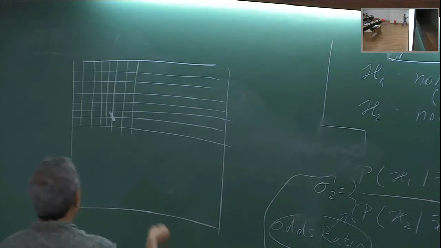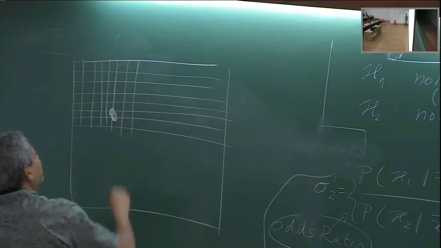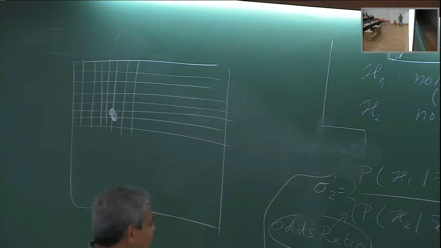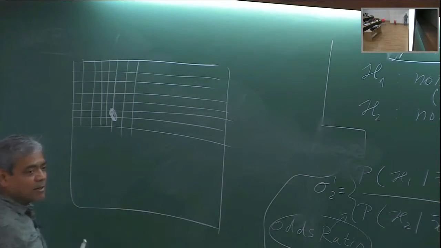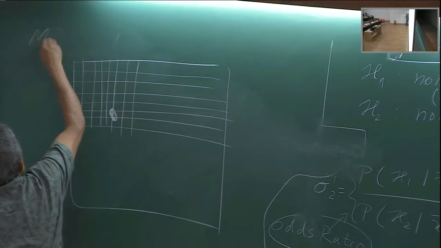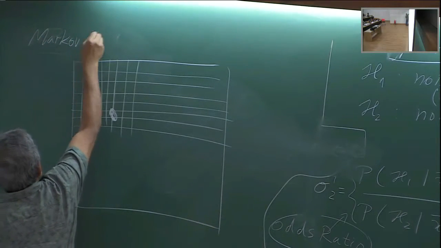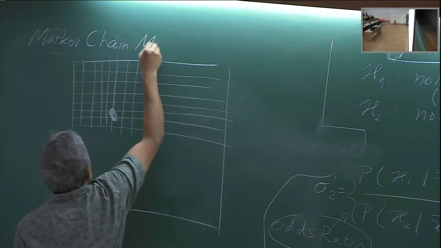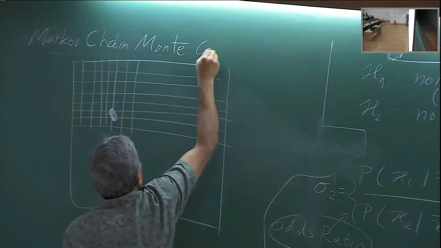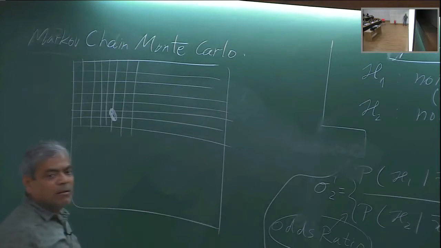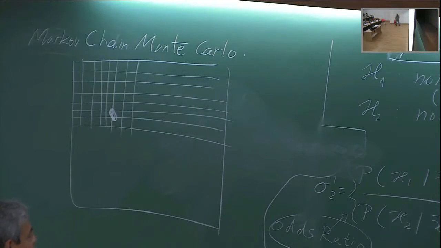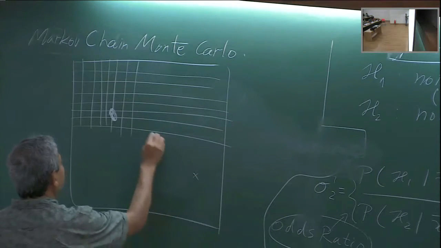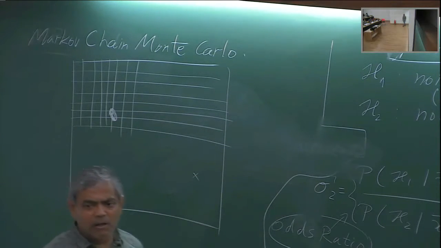So how do we then arrive at where to explore this? And that is where a great progress, in fact, this technique, Markov chain Monte Carlo, is a technique that is used to efficiently explore the parameter space so that starting from some arbitrary point, you quickly arrive at where the likelihood is largest.